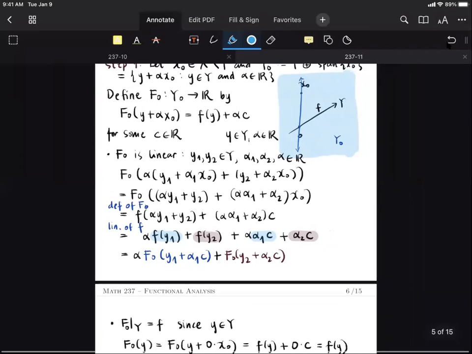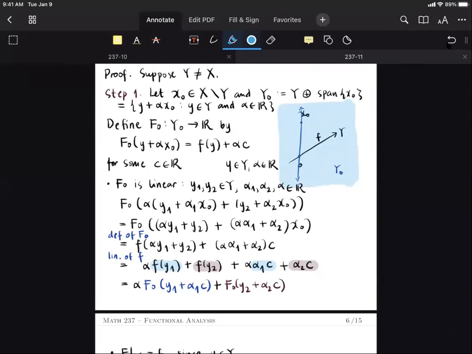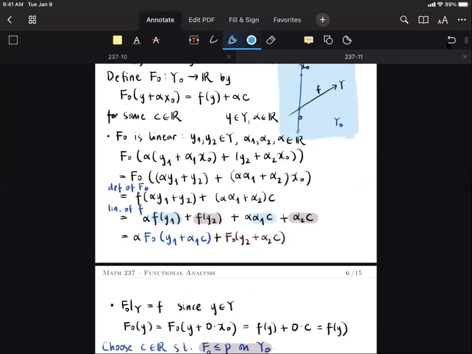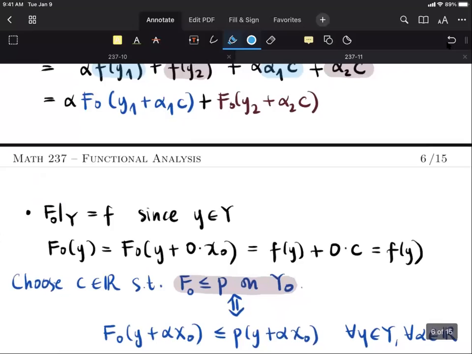So the first step is, okay, given a subspace Y, you take an element not in the subspace and you extend your linear function f into the larger subspace Y naught, and that extension is denoted by f naught in this proof. We have shown that indeed it is an extension since the restriction of f naught in Y is the small f.